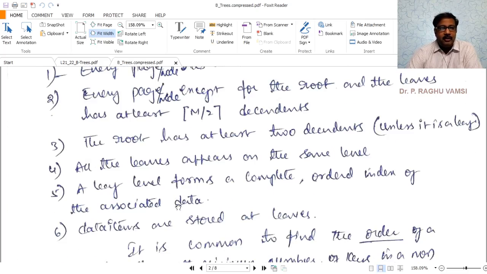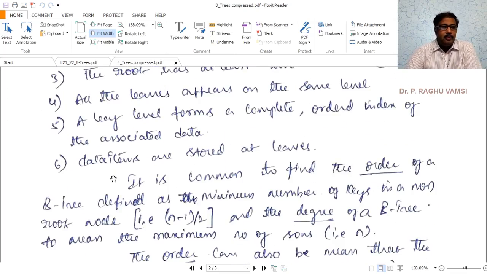The leaf level forms a complete ordered index of the associated data, because the data will be stored below the leaves. Data items are stored at leaves. That is the reason all the leaves must be at the same level.